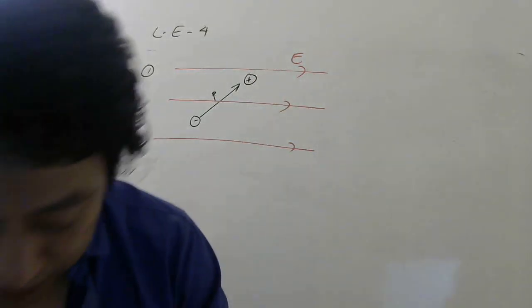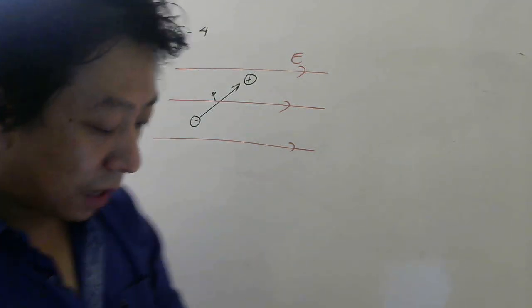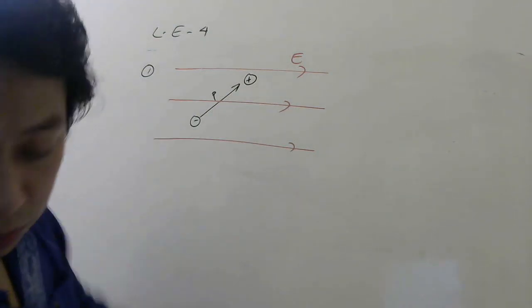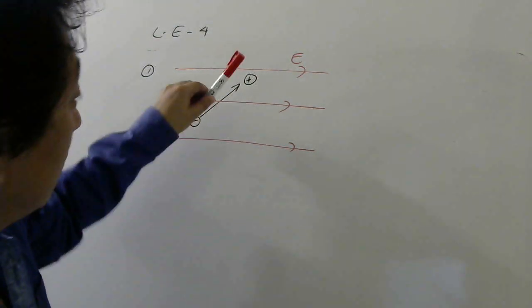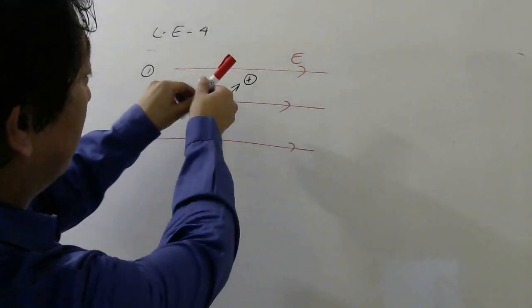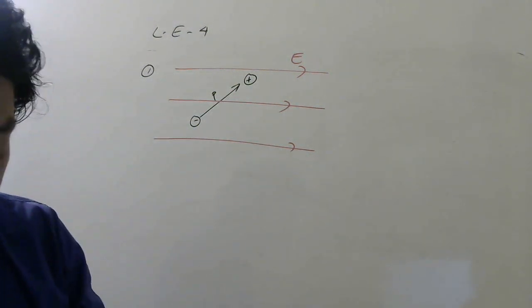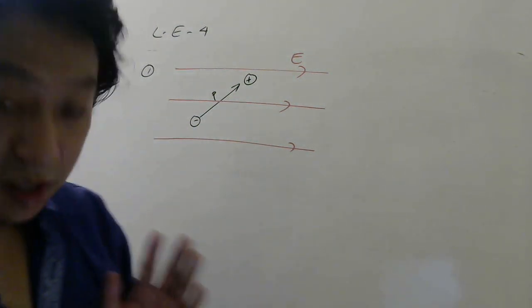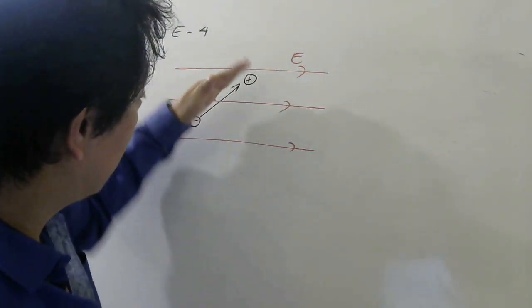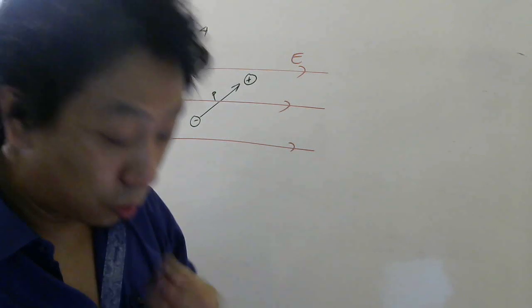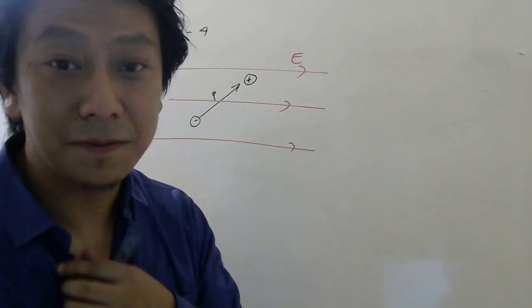Now they are asking, when the dipole is made free, that is, after you hold the dipole here and then leave it free, it will rotate and come to rest along the direction of the electric field, or will it oscillate?